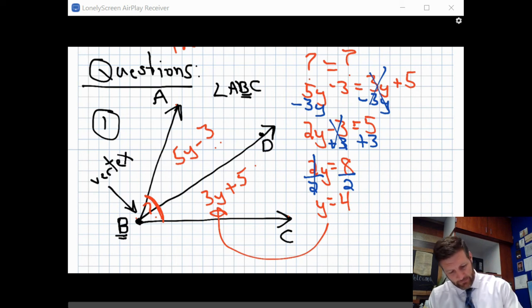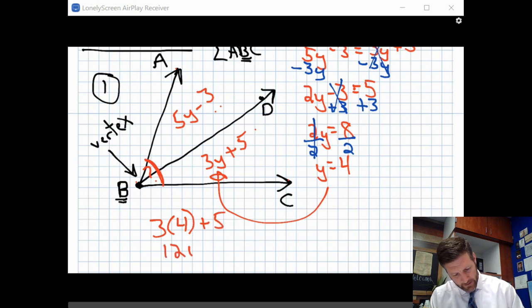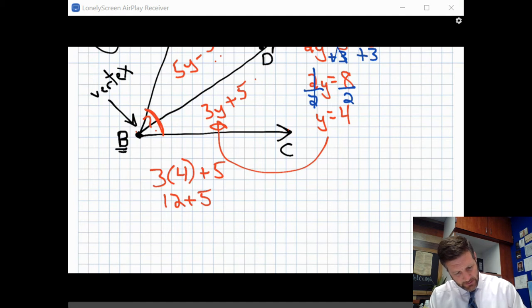So let's just plug it in. Let me scroll up just a little bit. 3y, or 3 times 4 plus 5. 12 plus 5 is 17. So DBC is equal to 17.